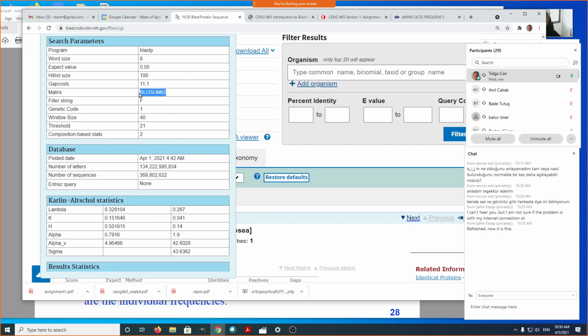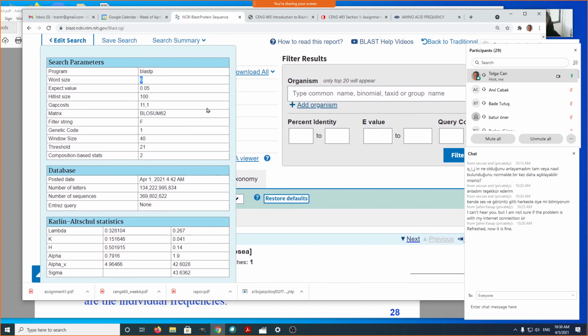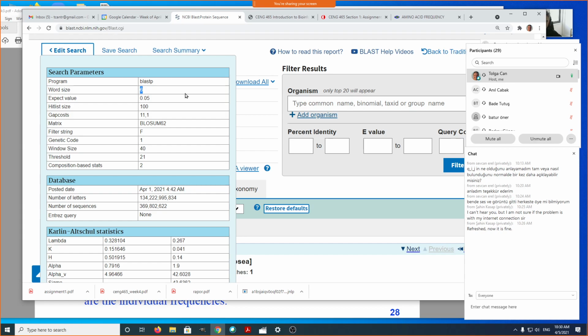They use the BLOSUM62 matrix and a word size. Oh, so they're not using a word size of 3 for protein sequences anymore. The word size is 6, so they're first looking for exact matches of 6 amino acids. They also have a threshold of expected value 0.05. If it's larger than that, they just throw it out.